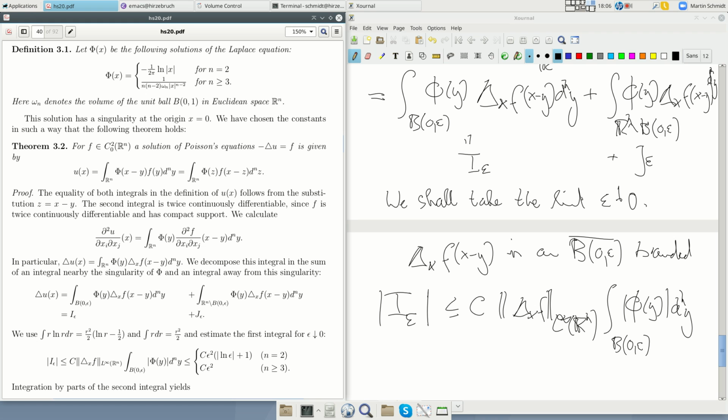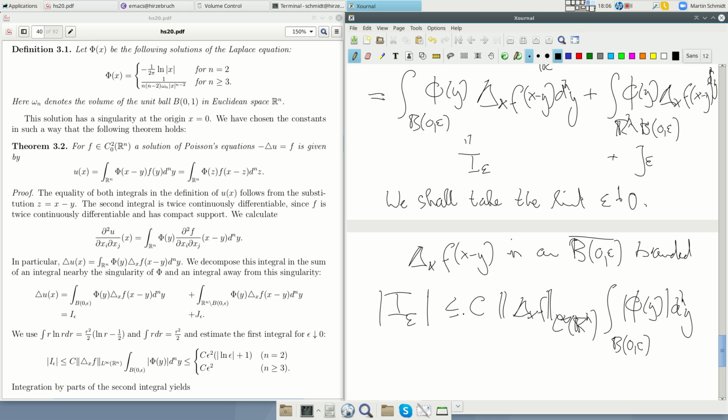And the integral, since it only depends on the radius, we can use polar coordinates. So this here, also sorry, we can remove this constant here. Okay, and this here is the L infinity norm of D_x f on R^n, some number.